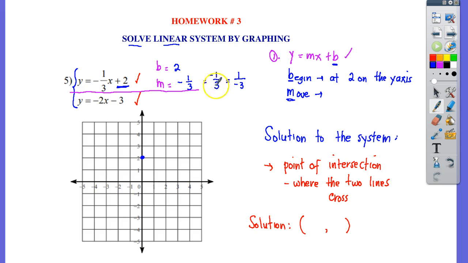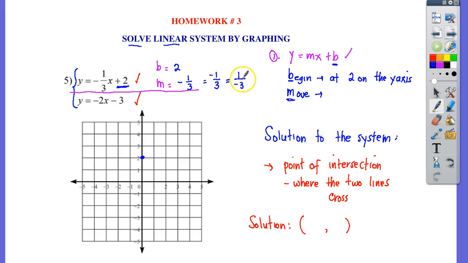You cannot have two negatives, because a negative divided by a negative will give you a positive answer, and that will be different from your negative fraction here. So remember that when you only have one negative, you can move it either on the top or on the bottom.